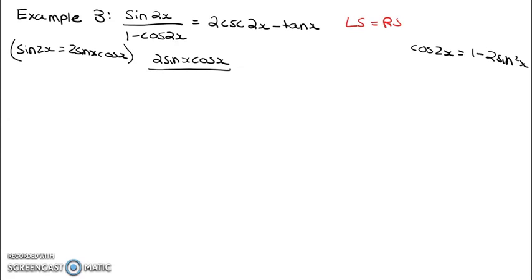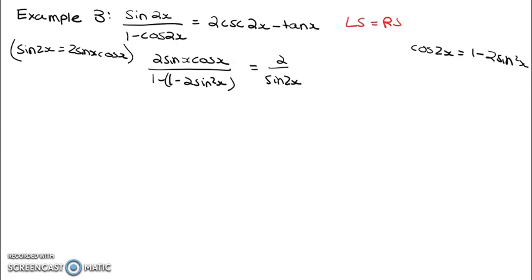I was reading the wrong note page. So 1 minus 2 sine squared x.